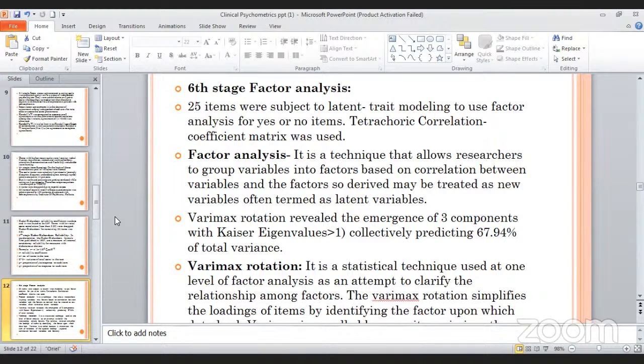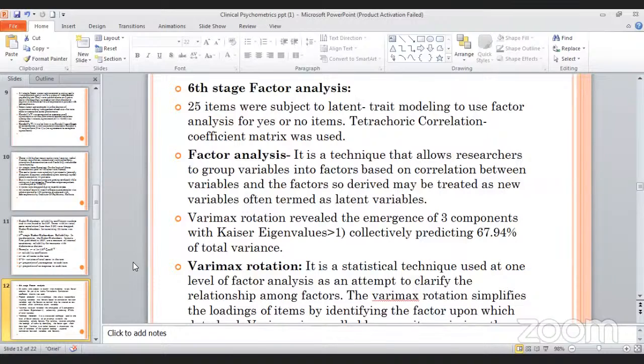Ma'am, I have a question. Can we do factor analysis using R? Using R Studio? I think we can do it.